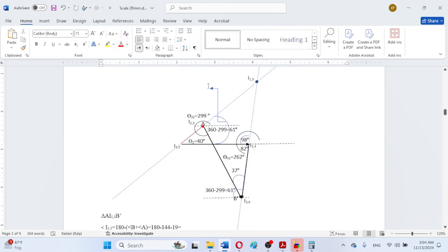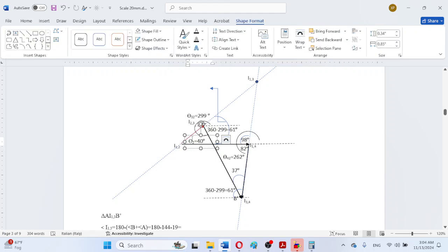That angle will be equal to that. Just copy and paste this label.